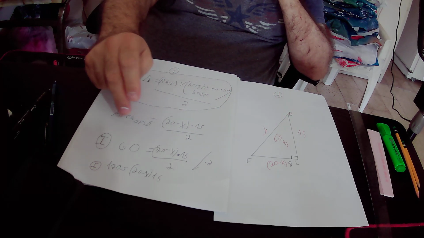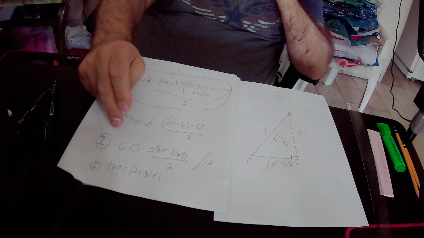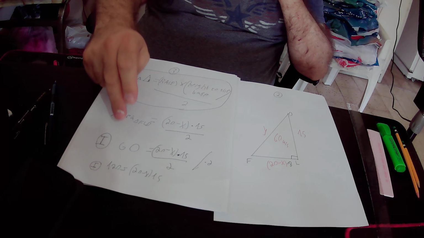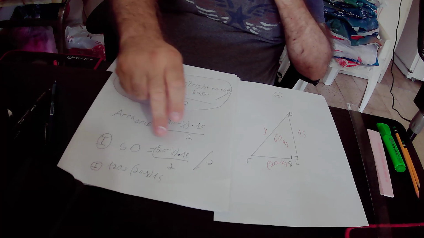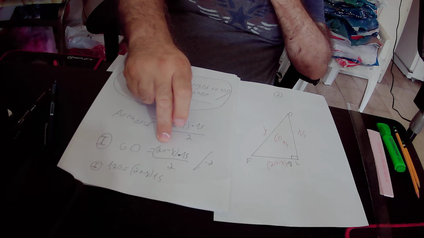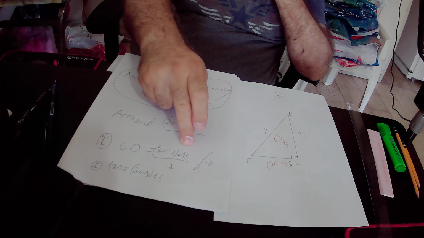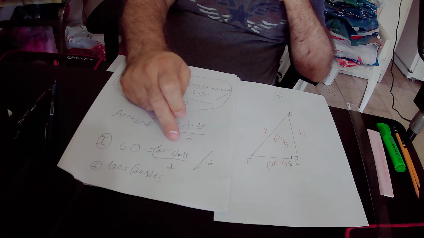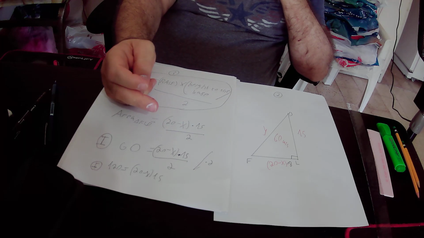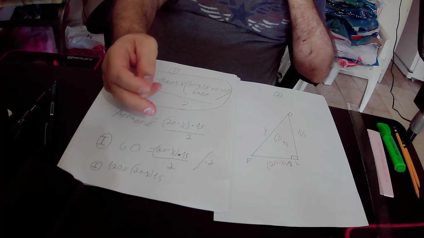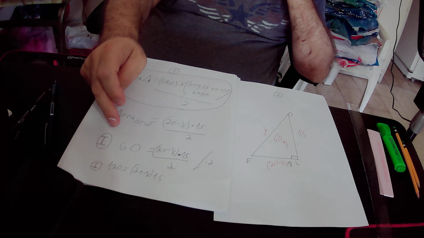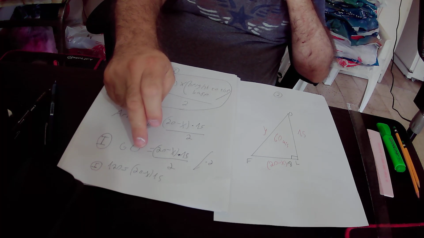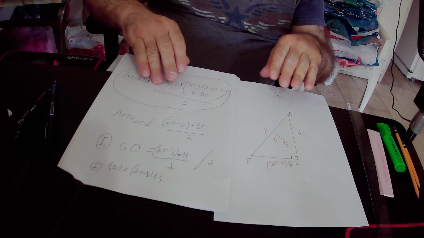So we can create equation number 1, which states that the area of this right triangle FLD, which equals 60 units, equals 20 minus x, the base of the triangle, times the height of the triangle, 15, over 2. And the only variable is x. So we multiply equation number 1 by 2, and we get that 120 equals 20 minus x times 15.